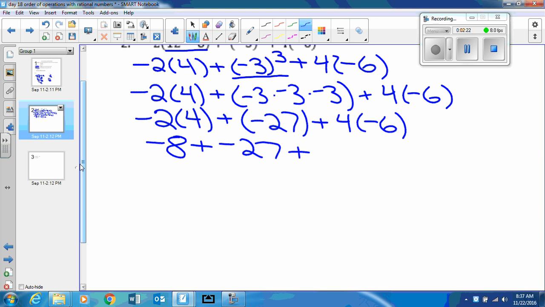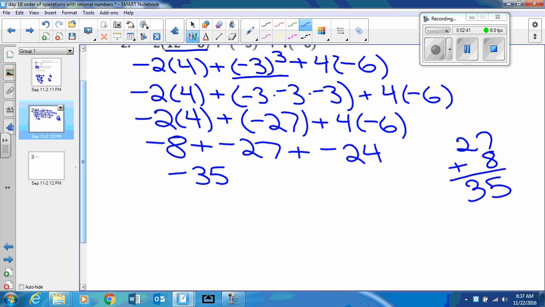At the same time, I can do 4 times -6 is -24. Now I would work on the adding. -8 plus -27. I would add the absolute values. So over on the side, I'm going to add together 27 and 8 is 35. Keep the negative sign. So I get -35 plus -24.